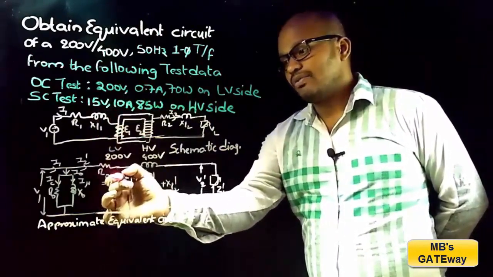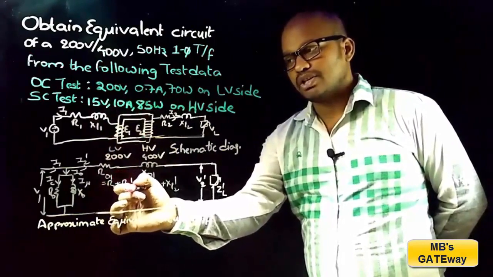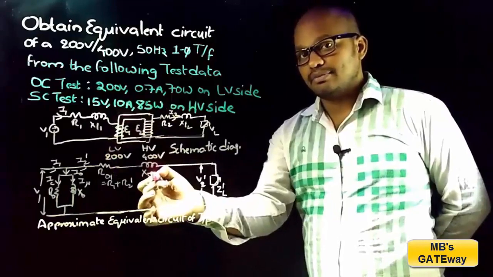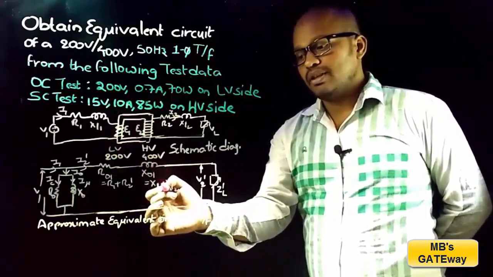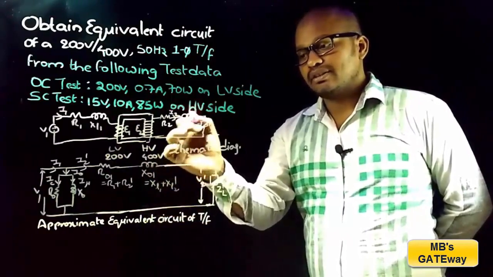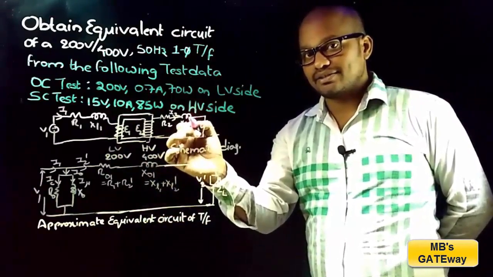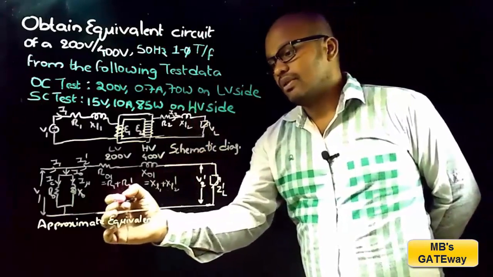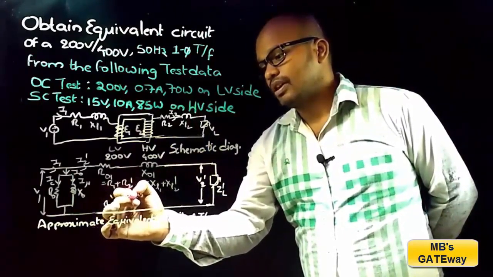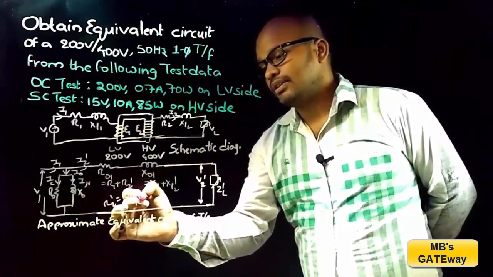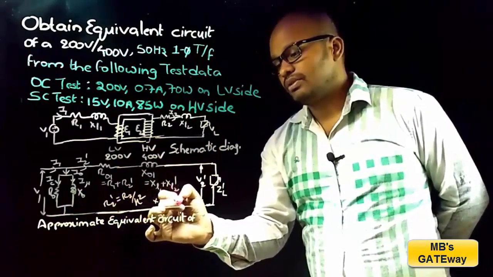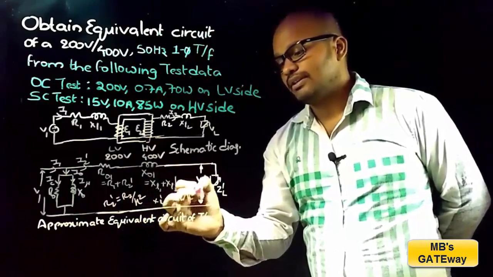So R01 is equal to R1 plus R2 dash, where R2 dash is the transferred secondary resistance, and similarly X01 is equal to XL1 plus XL2 dash, where XL2 dash is the transferred secondary leakage reactance. So R2 dash is equal to R2 by K square, and XL2 dash is equal to XL2 by K square.